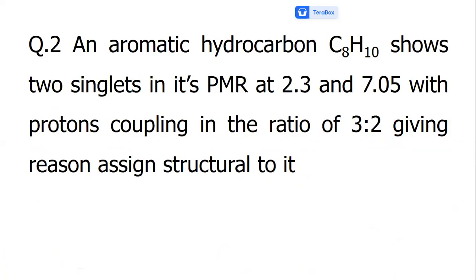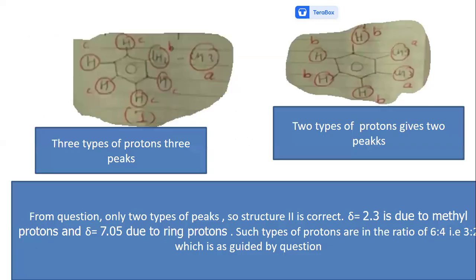Question number 2. An aromatic hydrocarbon C8H10 shows two singlets in its PMR at 2.3 and 7.05, with protons in the ratio of 3:2. Giving reasons, assign a structure to it.